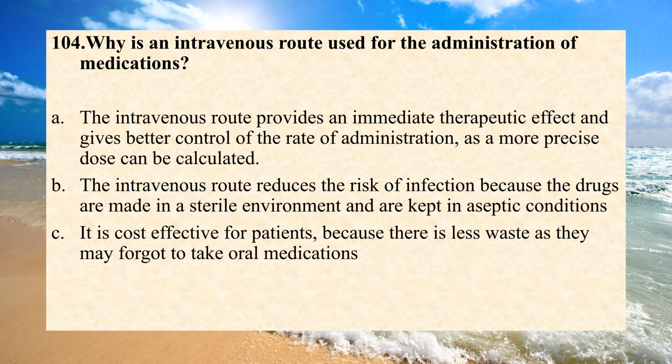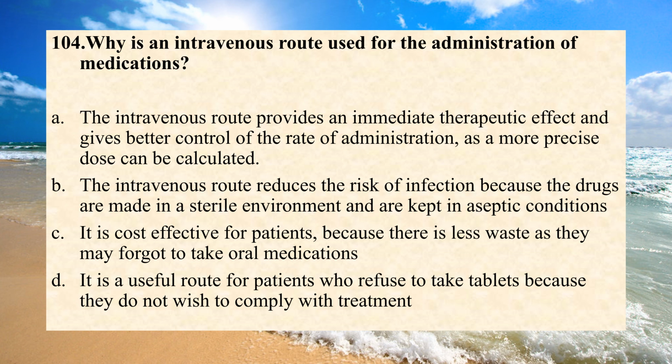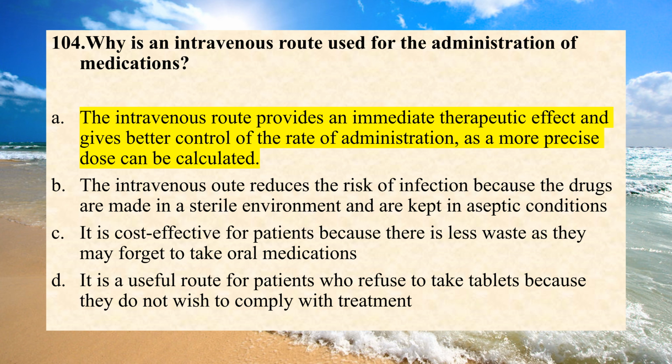Option C. It is cost effective for a patient because there is less waste as they may forget to take oral medications. Option D. It is a useful route for patients who refuse to take tablets because they do not wish to comply with treatment. The correct answer is A. The intravenous route provides an immediate therapeutic effect and gives better control of the rate of administration as a more precise dose can be calculated.